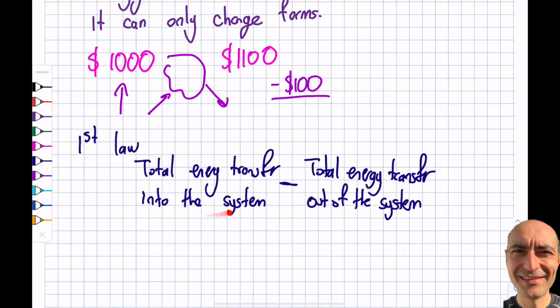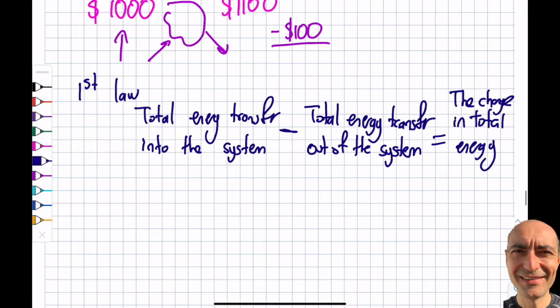The total energy transfer into the system is like this income, and the total energy transfer out is what's leaving my system. So for instance, the right hand side will be minus 100 in this particular case, correct? And then we say the change in total energy, or total money in that example.